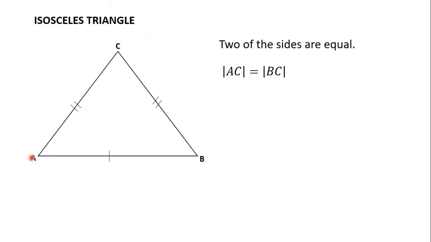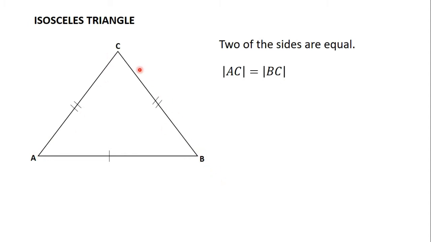If you consider the triangle ABC, we can see that the length of AC is equal to the length of BC. For isosceles triangles, one very unique property is that two sides of the triangle are equal. So here there are two lines here and two lines here, showing that the length AC is equal to the length BC.